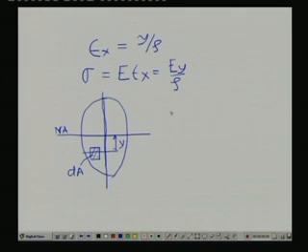The small force, which we consider to be dN, is nothing but sigma into dA.